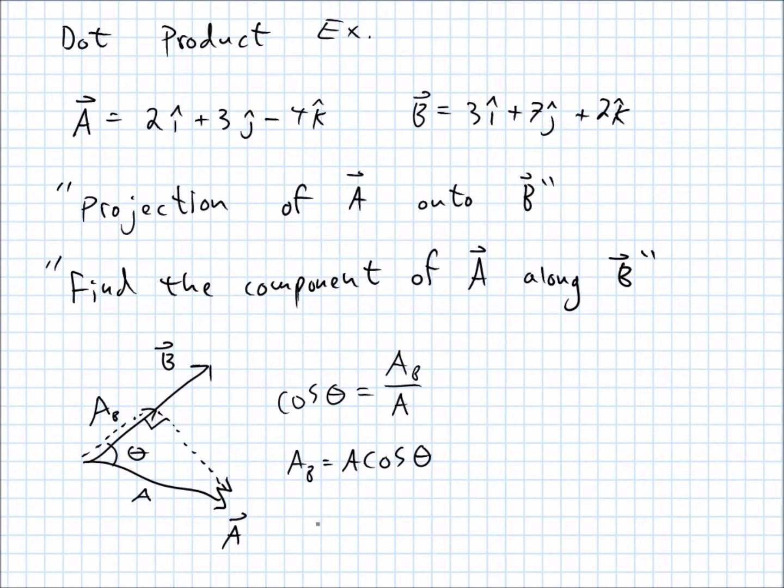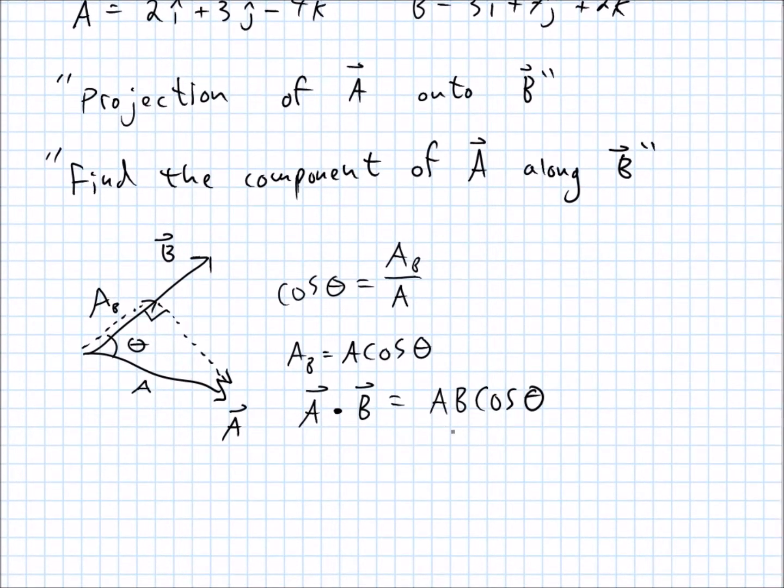We know that A dot B is equal to the magnitude of A times the magnitude of B times the cosine of the angle between them. And so rather than solving for theta, we could solve for cosine theta, or even A cosine theta, because we know that what we're looking for, AB, is equal to A cosine theta.